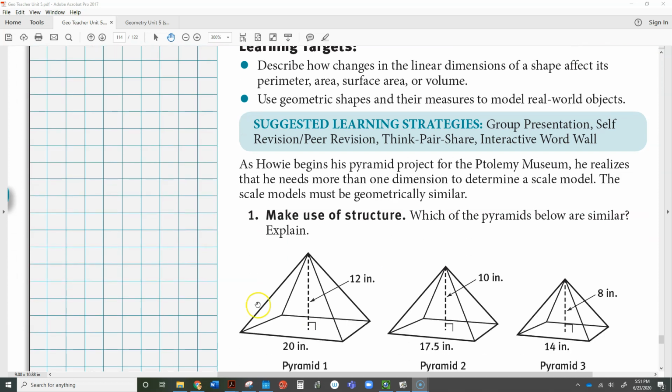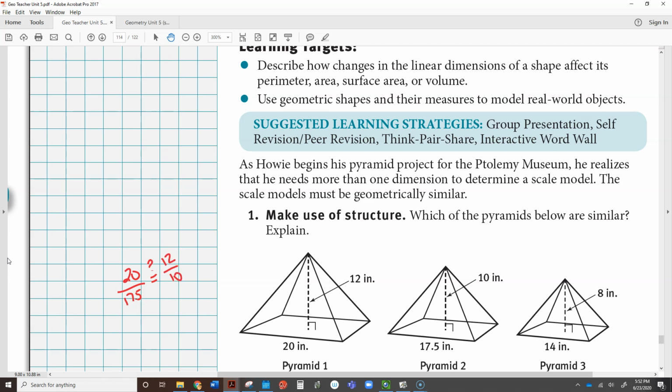So in this picture right here, in this problem, they want to know which ones are similar. We can tell which ones are similar by using the corresponding parts. So for this one, we would take this front edge, which is 20, and that corresponds with 17.5. Check the ratio, see if it's equal to the height ratio.